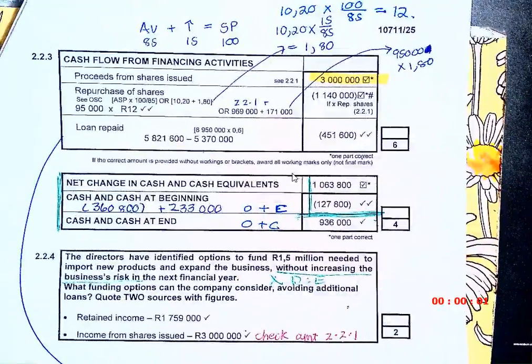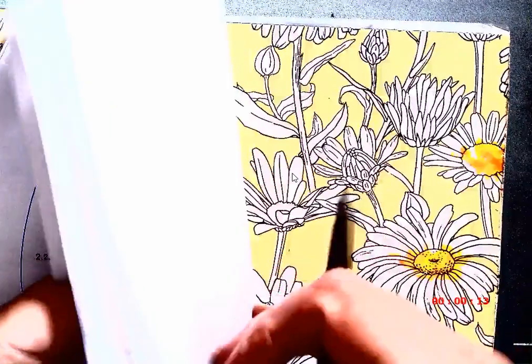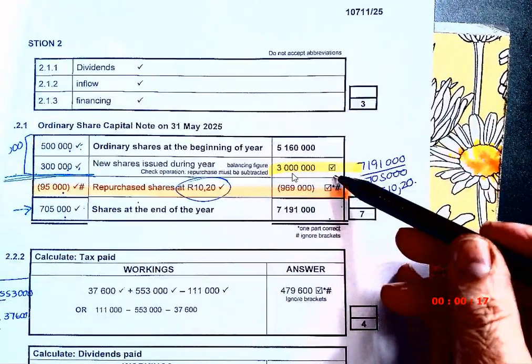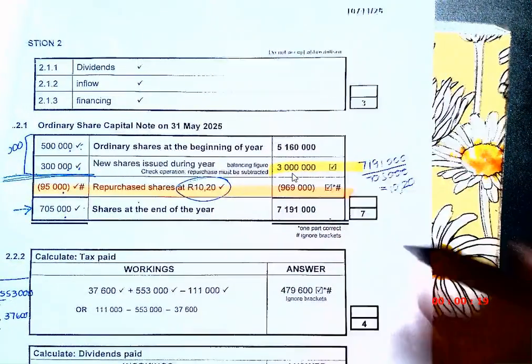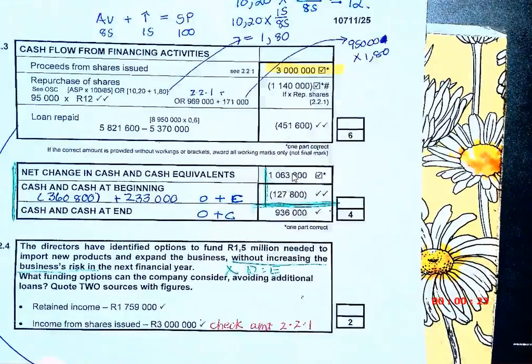So, let's go on. The next thing they want is the cash flow. We did the 3,000, which was in any case the one that I balanced on in the note that I did. Right. So now we want the repurchase of shares.